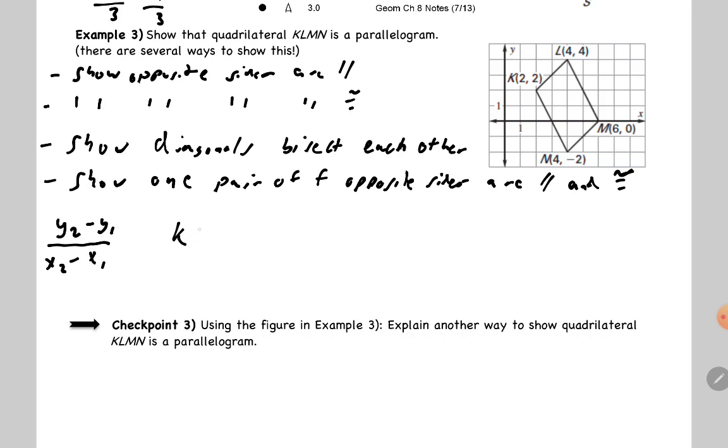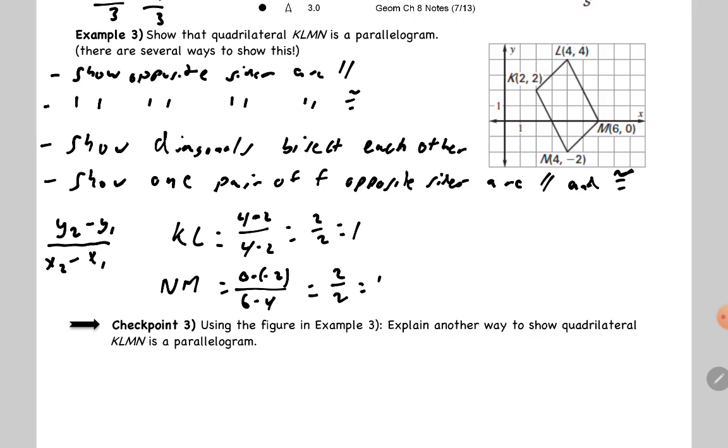Looking at KL, from K to L, 4 minus 2 over 4 minus 2, that gives us 2 over 2, which is 1. If we look at the opposite side, that's NM, 0 minus negative 2, those are my y values, and then 6 minus 4. So I'll get 2 over 2, which is 1. So they're the same slope.